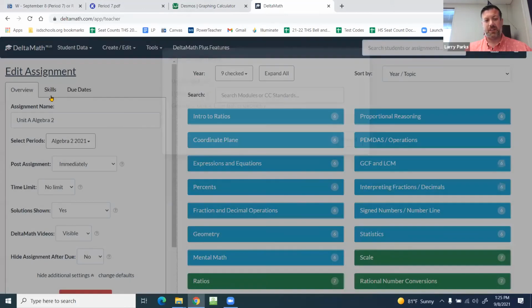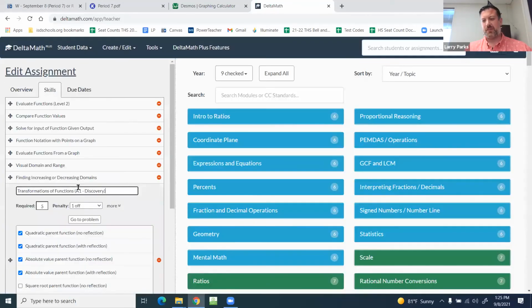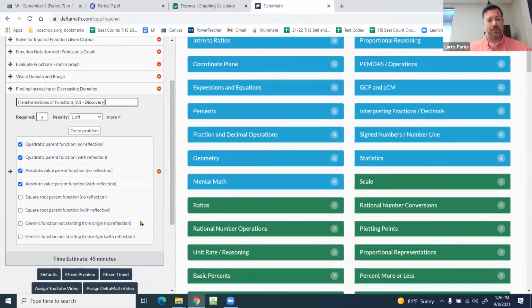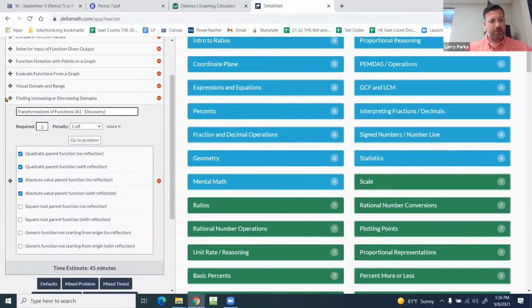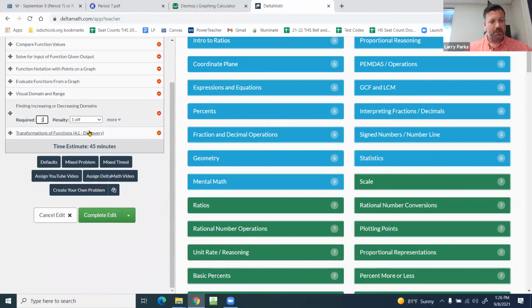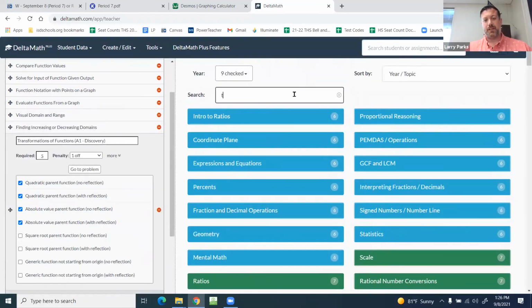There'd be a really good one, because I didn't really save much for you guys to do. Transformations of functions. This would be a really good one to try yourself. Usually it lets me click on it. I guess I could type it over here.